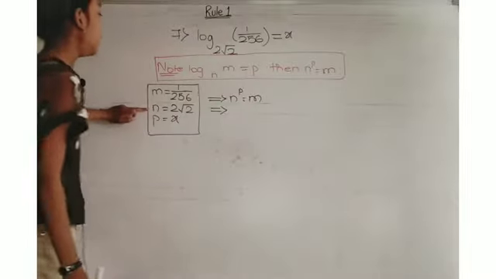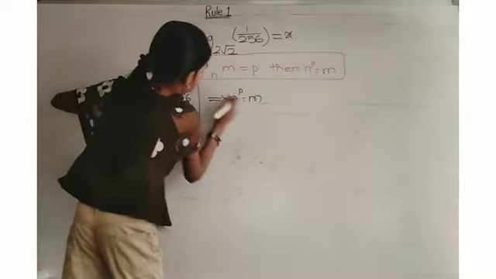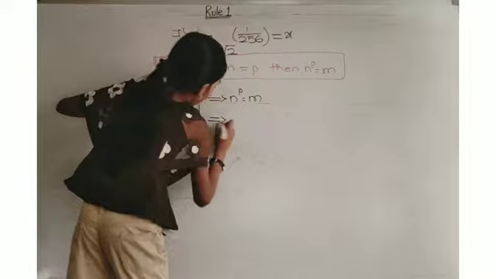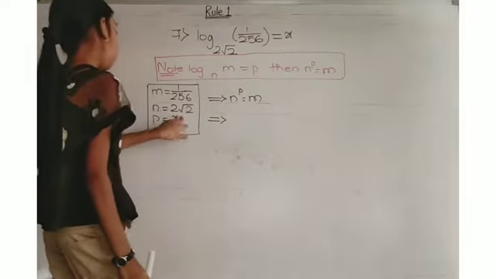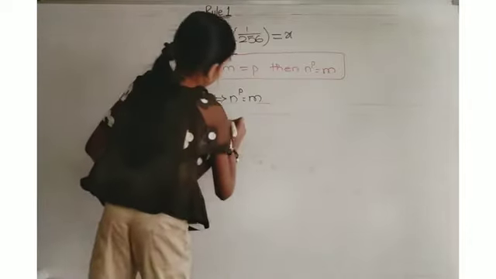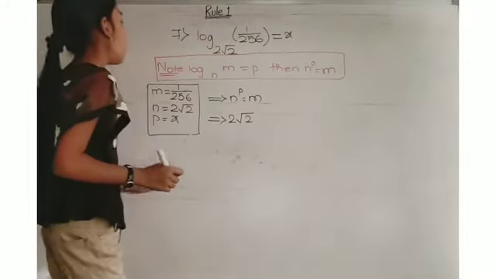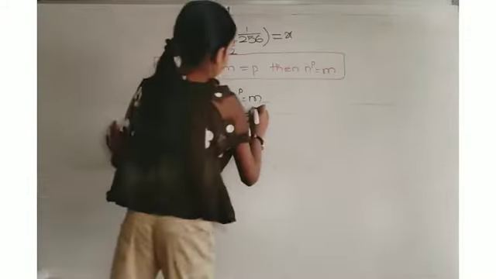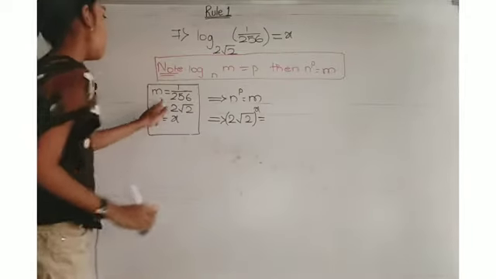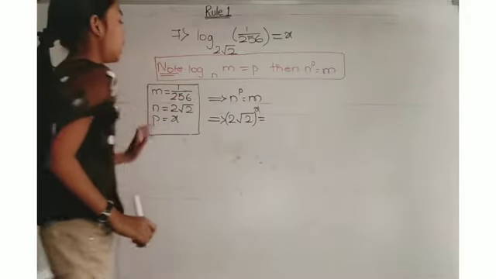N value is 2 root 2. P value is x. M value is 1 upon 256.